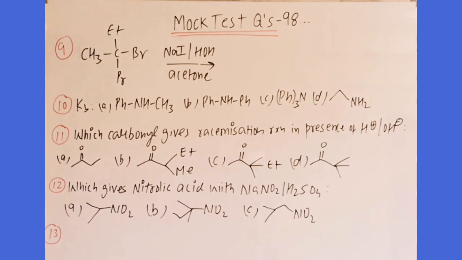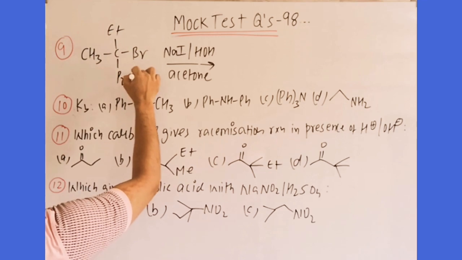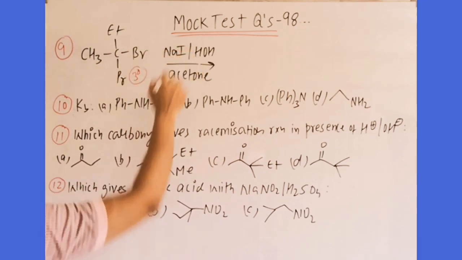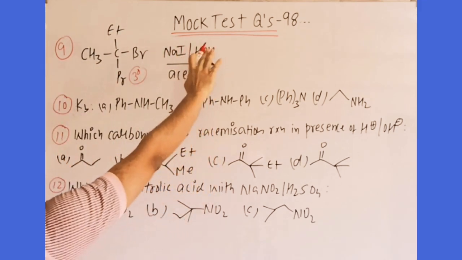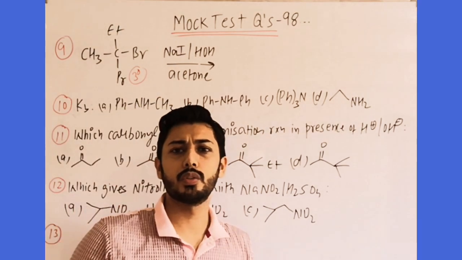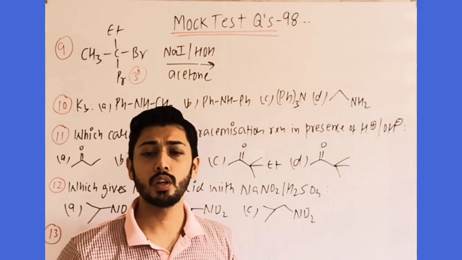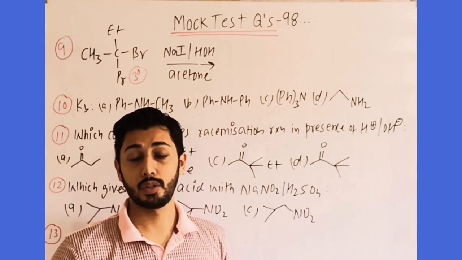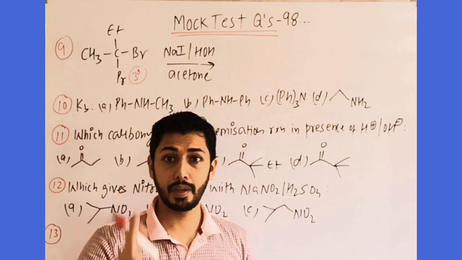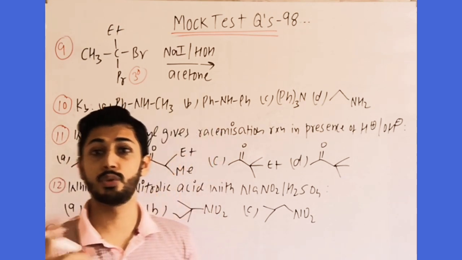I am answering question number 9. Now here the key point is, firstly, it is tertiary, with NaI, that is Na plus I minus, in water and acetone. Acetone is taken so that the alkyl bromide becomes more soluble. The key point is I minus. Now recall the SN comparison video, which is given in the crucial concepts playlist.